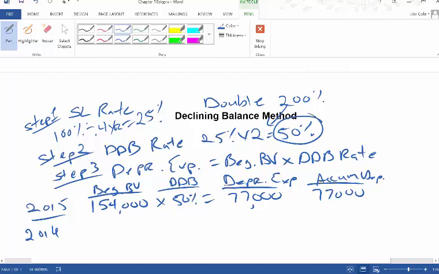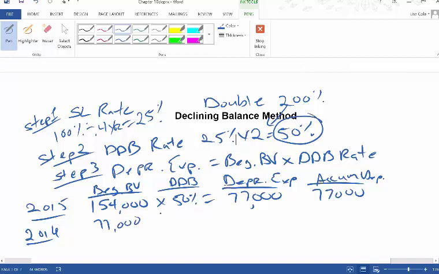Okay? And so then I get a new book value, because remember book value is cost minus accumulated depreciation. So if I take my cost minus my accumulated depreciation of $77,000, at the beginning of 2016 I have a new book value.